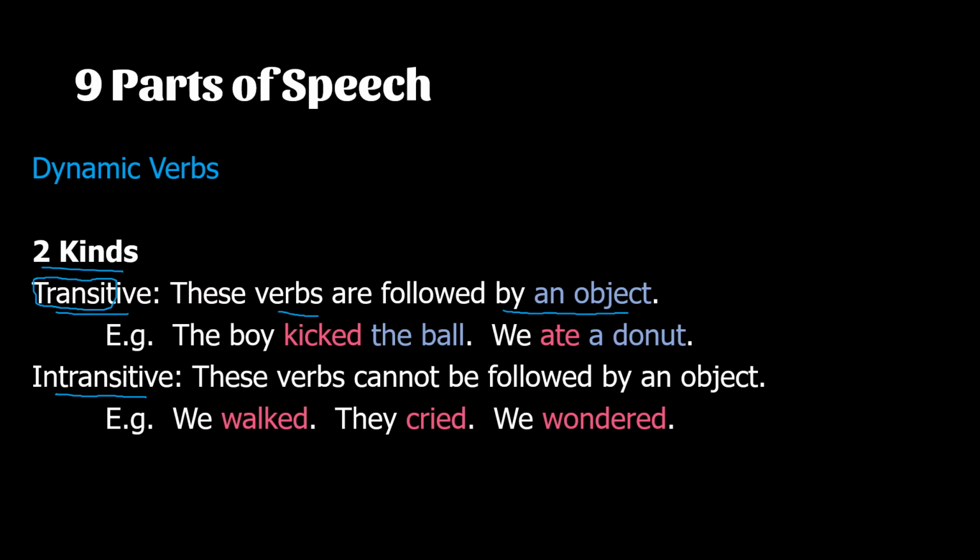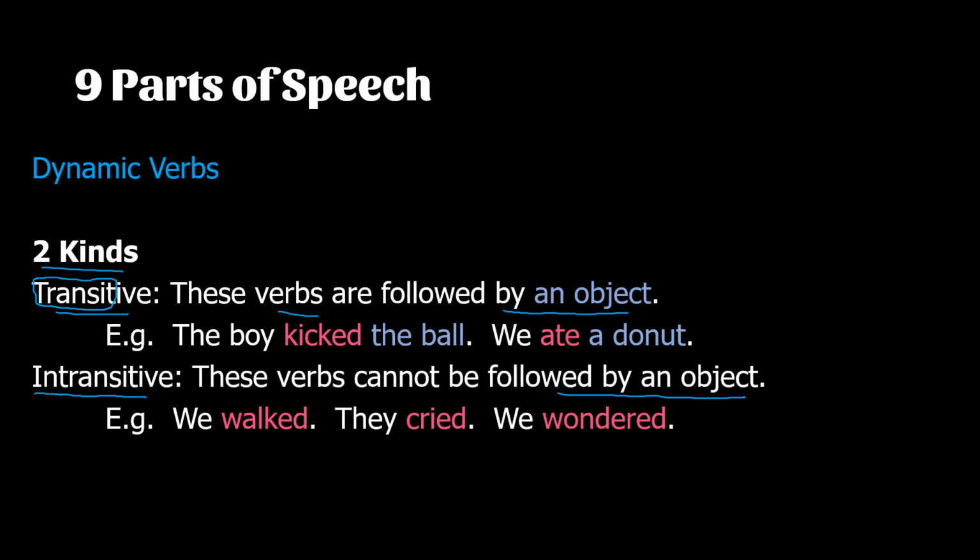That's what transitive means. With intransitive verbs, the in means that it is not movement. So there is no object. The action just kind of happens and then it fizzles out. So we walked. Okay, we didn't walk something. We didn't walk the box. We didn't walk the car.